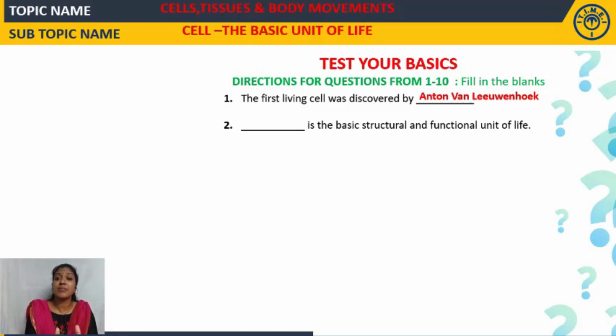In higher organisms, many organ systems make up a perfect organism. So which is the basic structural and functional unit of life? All living organisms are made up of cells. So what will be the answer? Cell is the basic structural and functional unit of life.